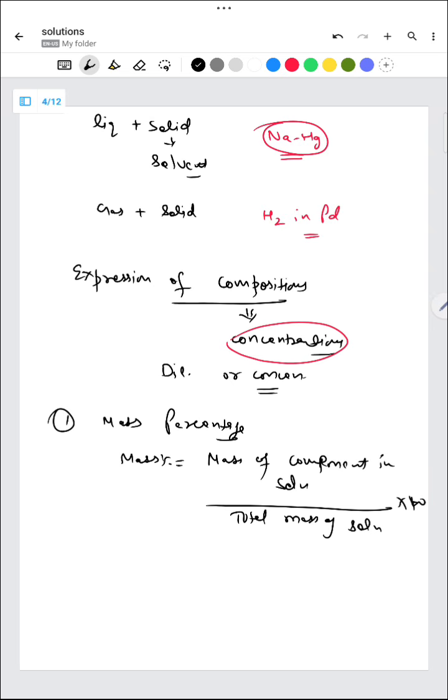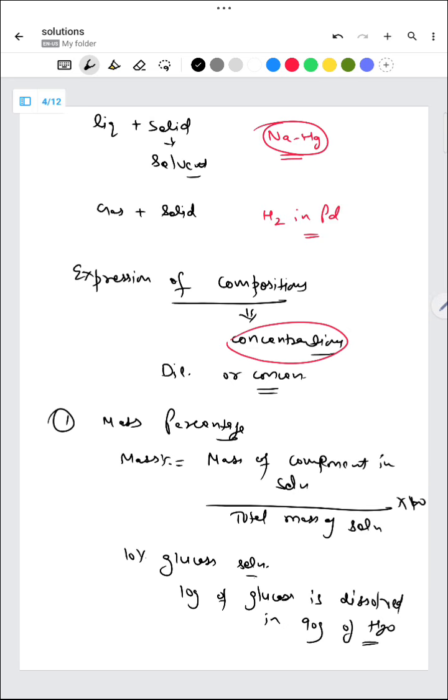So if I am saying we have a 10% glucose solution in water, what does it mean? It means 10 gram of glucose is dissolved in 90 gram of water, so that the amount of resulting solution will become 100 gram.